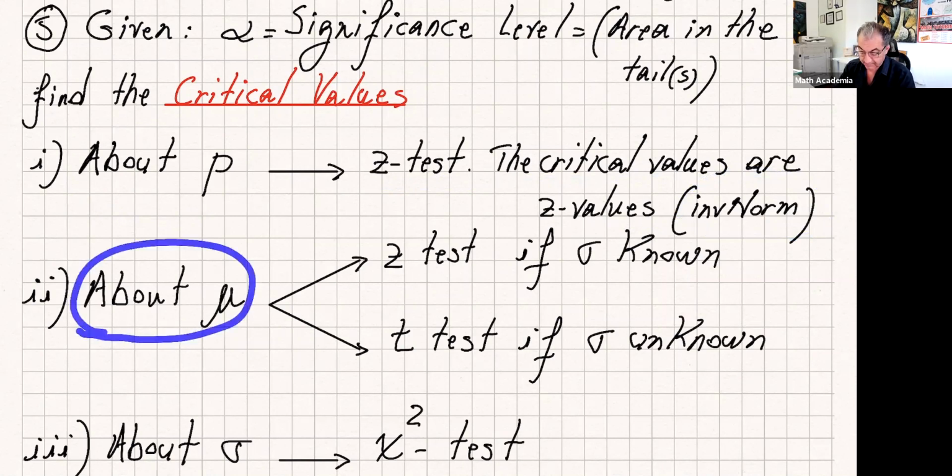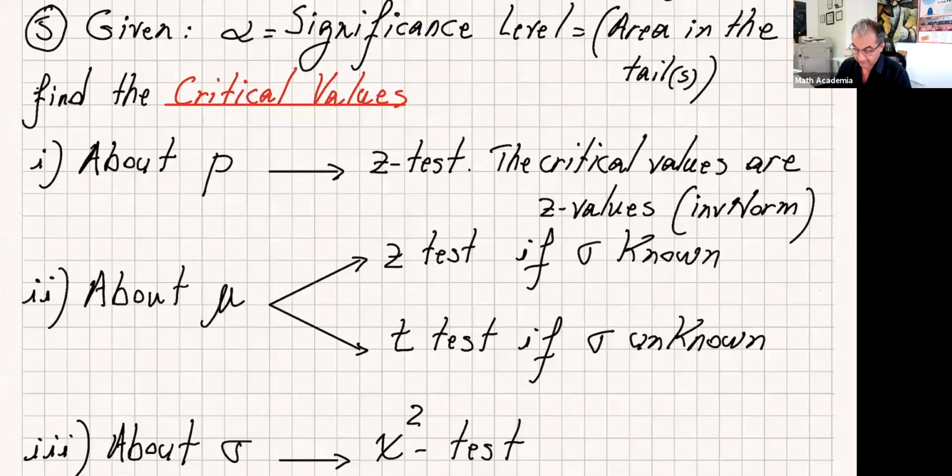If the test is about mu, then there are 2 cases. We use a z-test if sigma is known, just like estimation. So if you did estimation, you should be familiar with that. So it's a z-test if sigma is known, and it's a t-test if sigma is unknown.